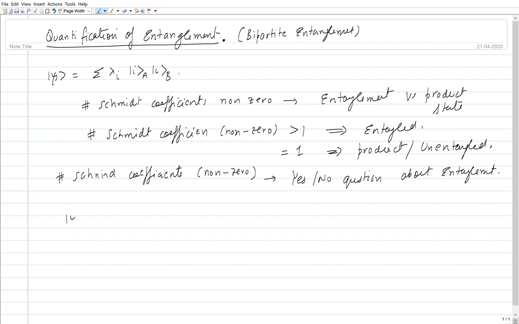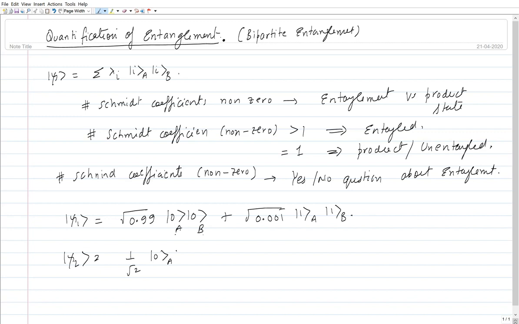For example, let's consider a case where I have a state psi1, this is system A, this is system B, and it's a normalized state. Also compare this with another state which has an equal superposition of 0, 0 and 1, 1.